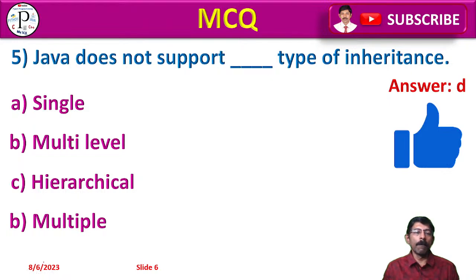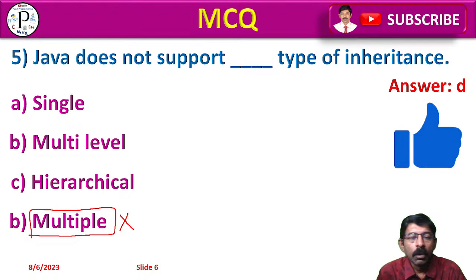It is your multiple inheritance. We cannot derive a derived class from more than one base class. It is not allowed. In order to achieve this, we need an interface. In order to apply multiple inheritance, we have to use an interface instead of a class.